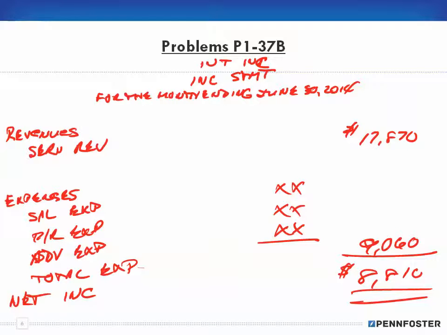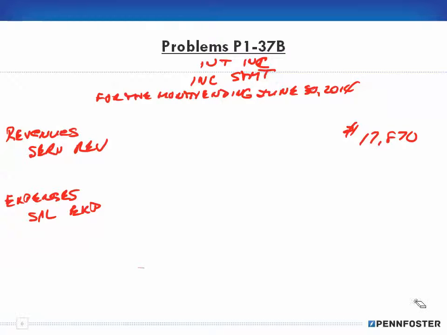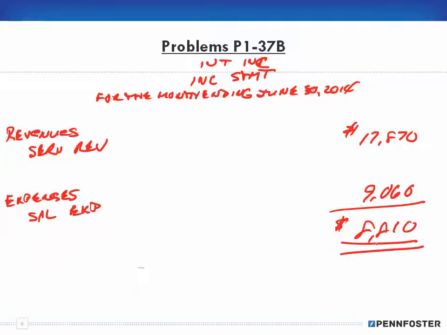But in this case, we only had the one account. So I can just put all of the numbers in the rightmost column, draw the underline and get my total, double underline it because that's the end of the calculation, and write in my description.